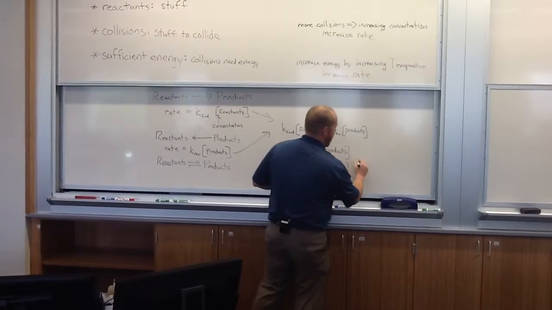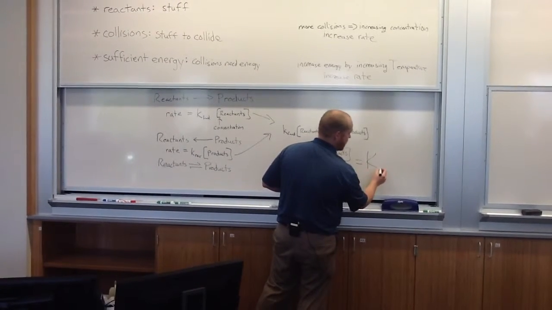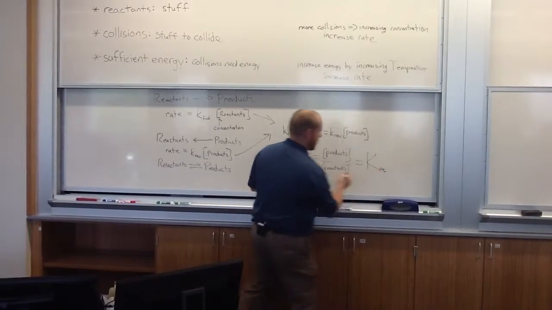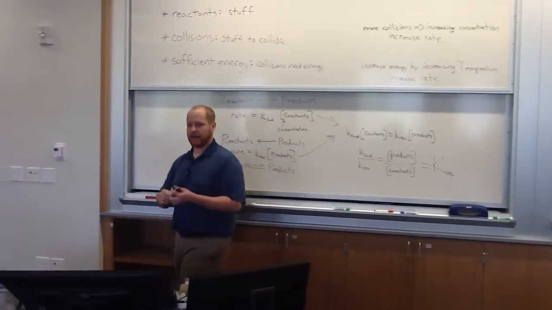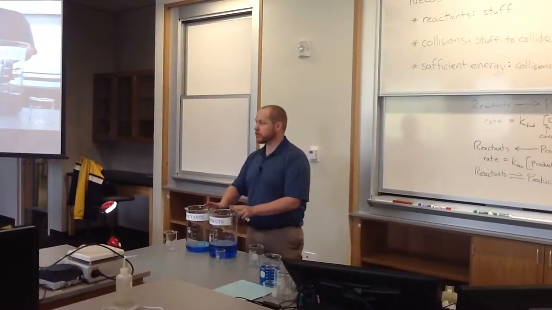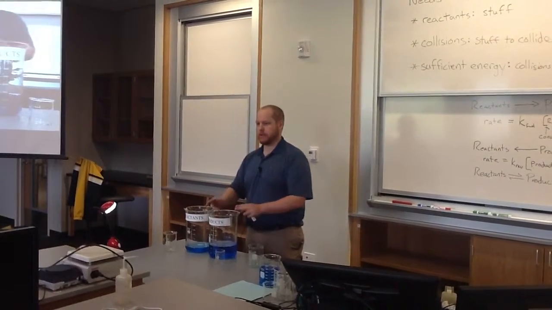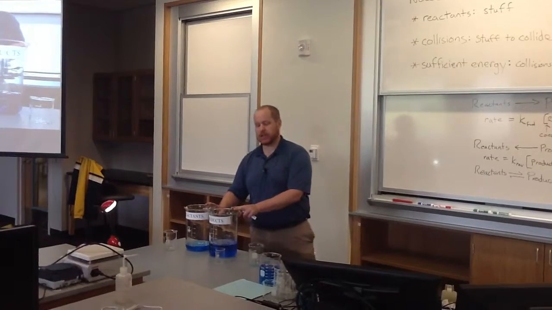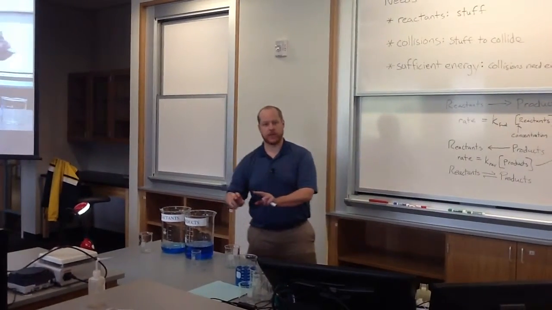And we'll call that big K, K EQ, which is our equilibrium constant for the reaction, when the rate of the forward reaction and the rate of the reverse reaction are the same. So we have no net change in the concentrations of the products and the reactants.